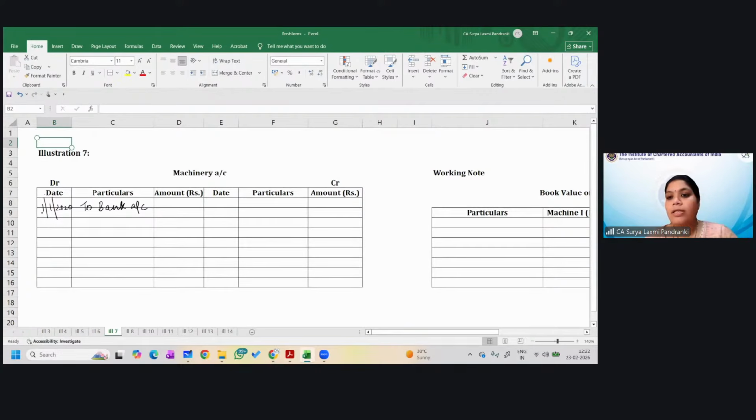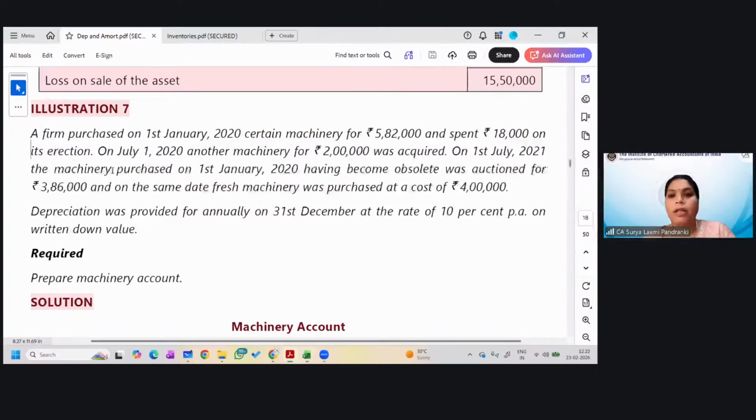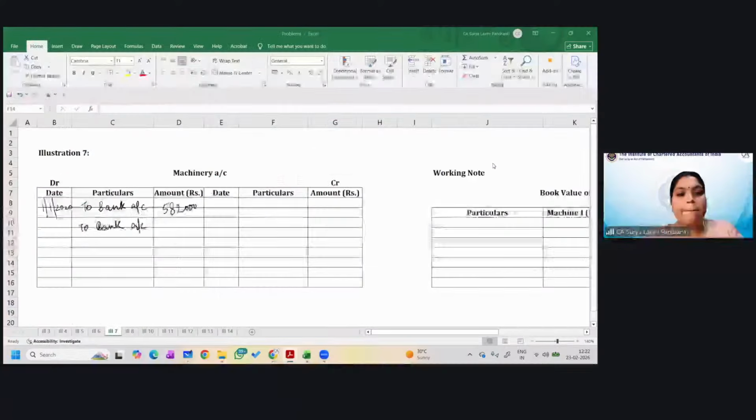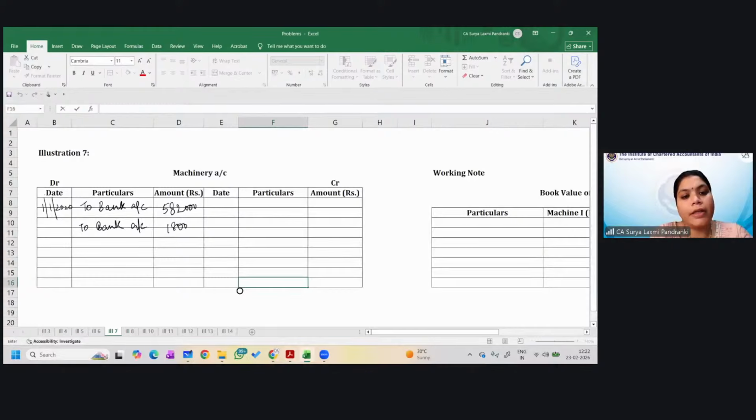To bank account, what is the value? 5,82,000. Okay. And also to bank account, the erection charges have to be recorded. What are the erection charges we have? 18,000. Done.